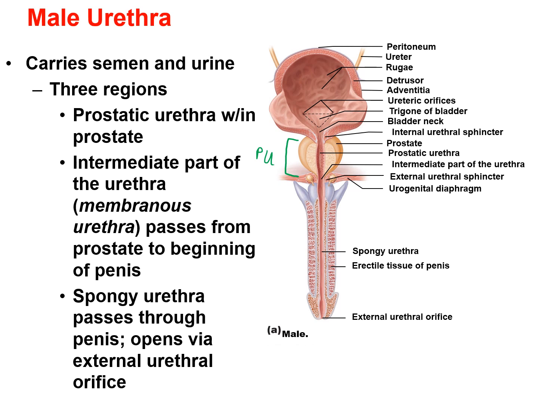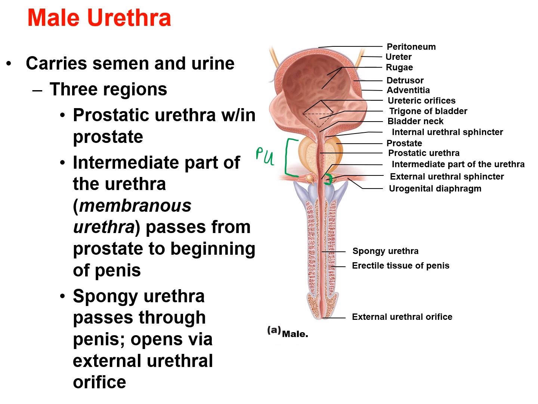There's going to be a second portion that is pretty small. It's going to be just this region right here that is going to be passing through a layer of muscle. This is the membranous urethra, or the intermediate part of the urethra, that passes from the prostate to the beginning of the penis, and it's going through a very thin layer of muscle.